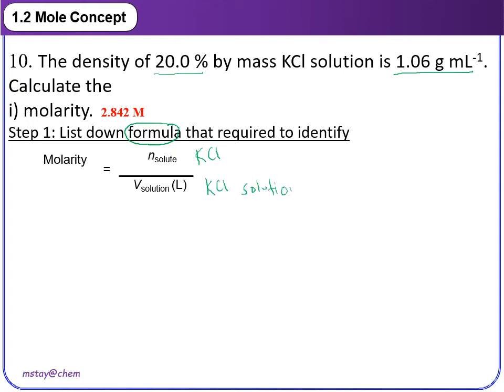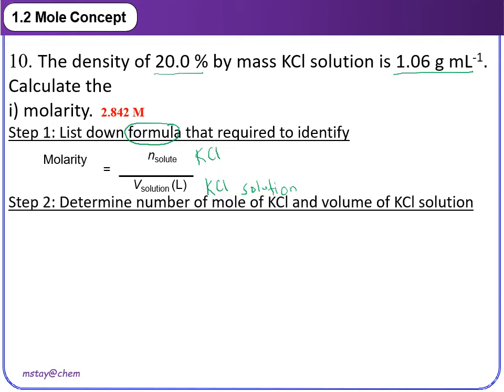So again, when we look at the question, you are not given the number of mole of KCl and also the volume of KCl solution directly. So step number 2, we need to find out the mole of solute and also the volume of KCl solution. Because the information is not given directly, we need to do an assumption.